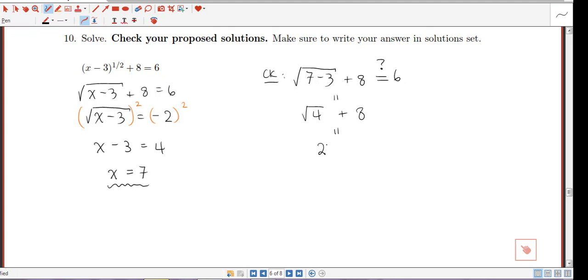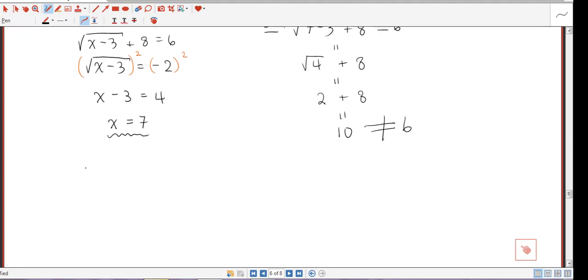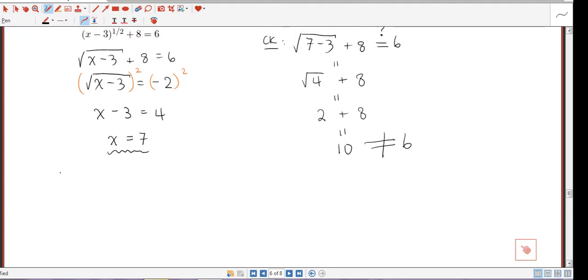Square root of 4 is 2, so you're going to have 2 plus 8, which is going to be 10, which does not equal 6. So 7 is not going to satisfy this equation, but 7 is the only one that we got, so the answer is no solution. So the notation for no solution is curly bracket with nothing in it. Or you could just write no solution, whichever is okay.